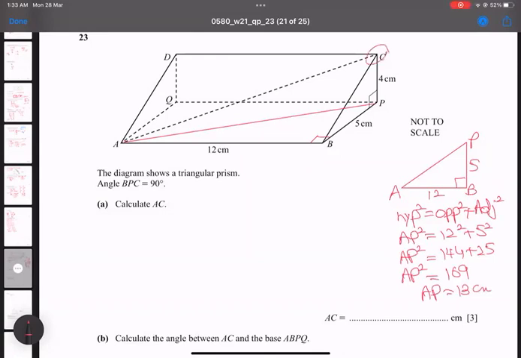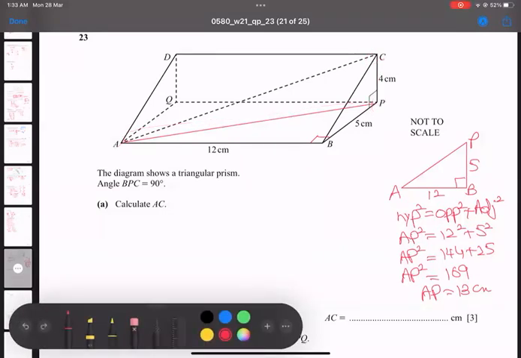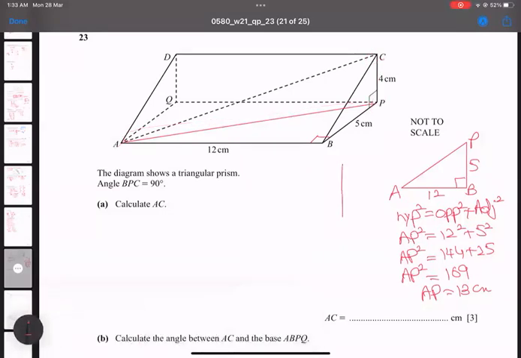Which one? This C, this P, and A. So have a look, I'm going to make another triangle. This is a 90 degree angle, with C on the top, P at the bottom, A here, and this is a 4, and the AP length I have is 13.